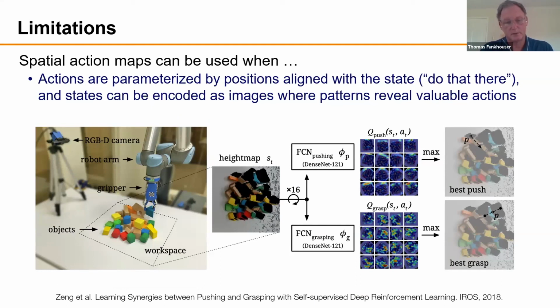So in the picture below, the goal is to pick up all the blocks in a tabletop bin picking setting, where the state here is a height map, and each of the blue things on the right shows the Q value of either pushing or grasping at that location when the gripper is oriented in one of 16 orientations. And so just a single pass with this fully convolutional network produces these Q maps of which you pick the best one, and this is an example that does meet these requirements.